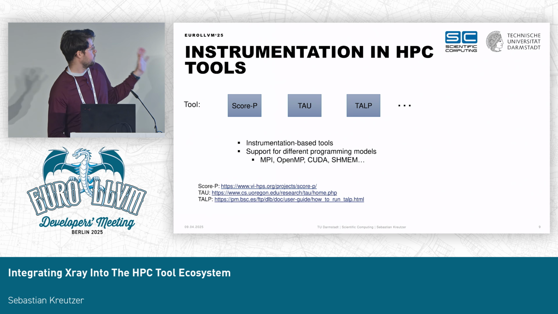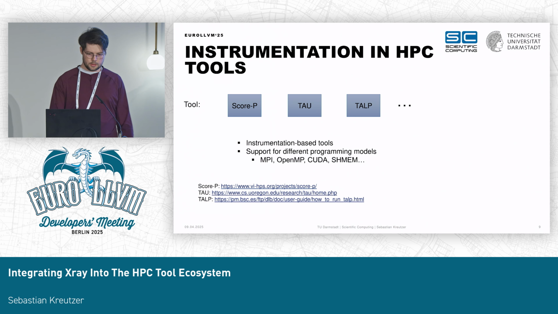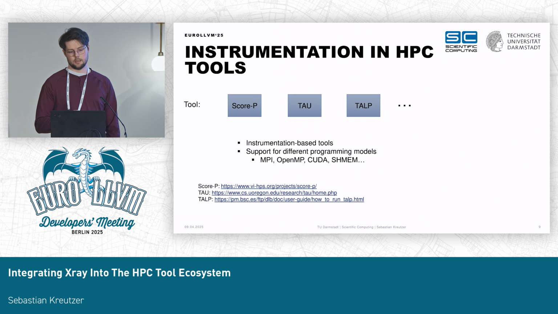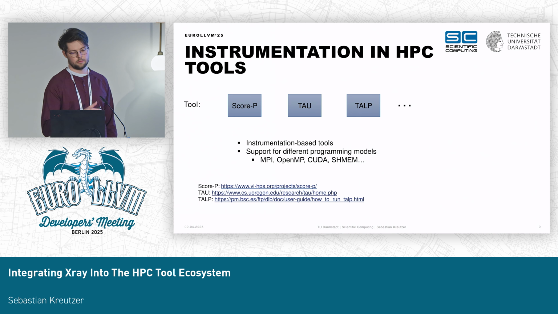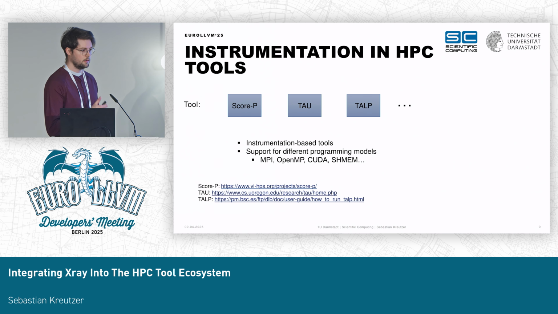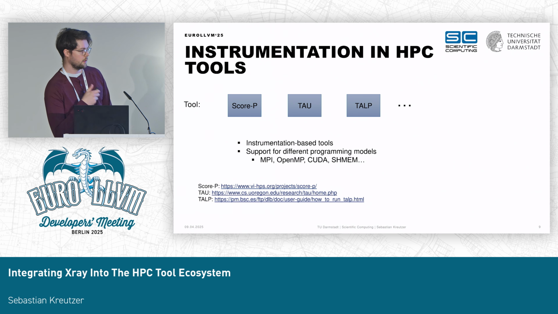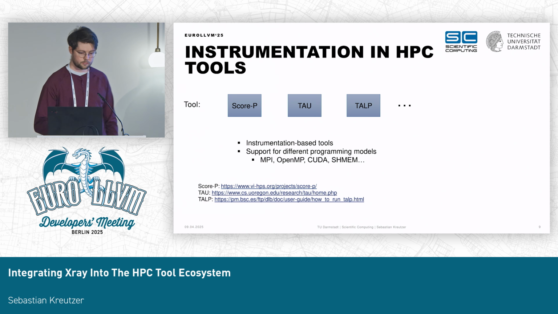Score-P and TAU are two very widely used performance tools in HPC for profiling and tracing. And TALP is another tool that's quite useful for collecting high-level performance metrics. And since this is HPC, all of these tools have support for different parallel programming models like MPI, OpenMP, and more.